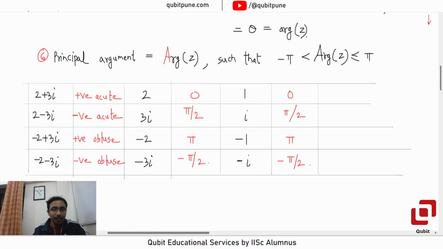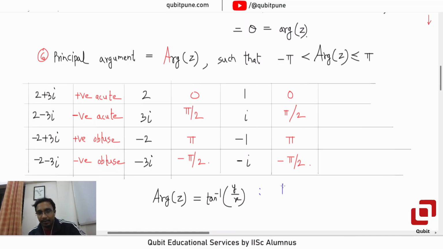Yes, sir. Yes. Now, see, there is no harm in remembering this formula. But please note that this formula is not always right. Okay?